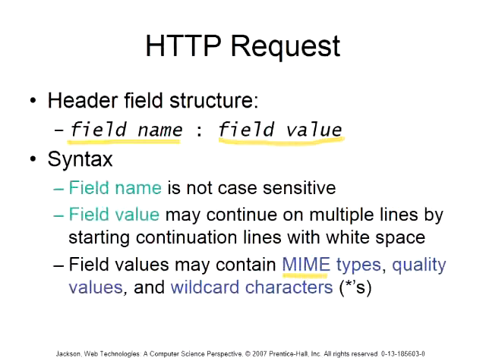I repeat, MIME is the abbreviation of multipurpose Internet Mail Extension. Also, we can find quality values. Quality values are used to express the preference of the MIME types. And also we can find wildcard characters.